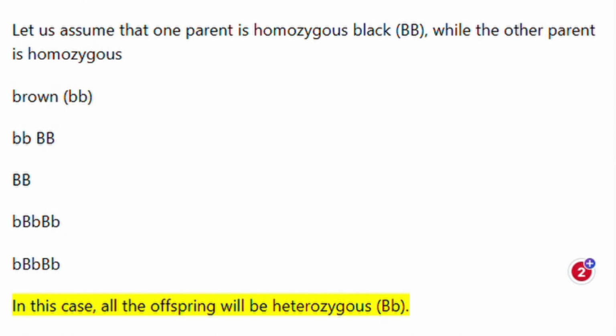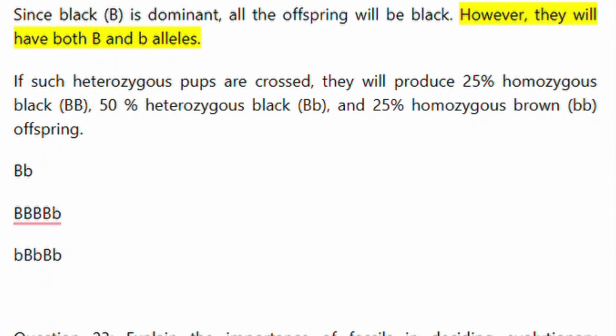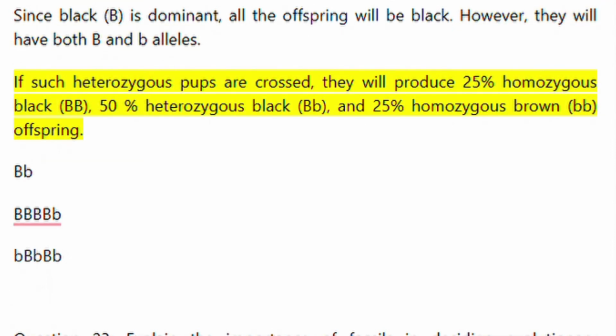In this case, all the offspring will be heterozygous, Bb. Since black, B, is dominant, all the offspring will be black. However, they will have both B and b alleles. If such heterozygous pups are crossed, they will produce 25% homozygous black, BB, 50% heterozygous black, Bb, and 25% homozygous brown, bb, offspring.